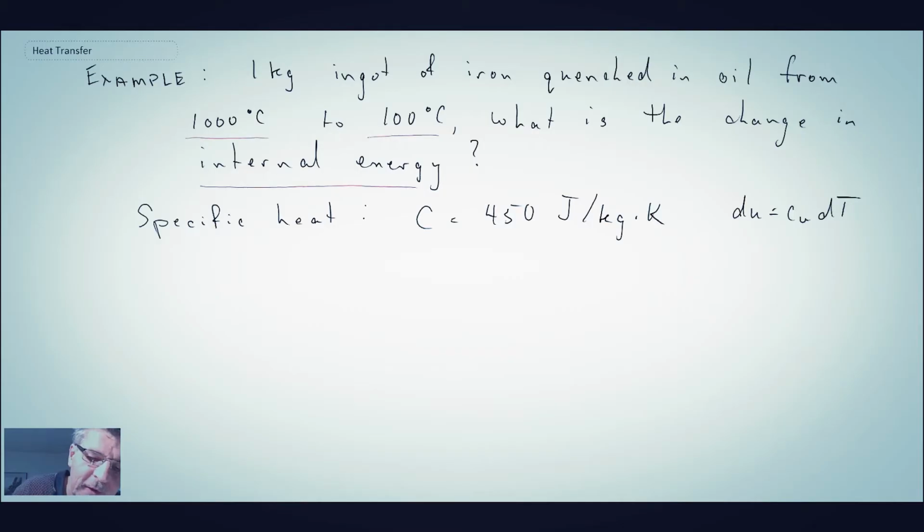Now we're dealing with a solid, and consequently CV equals Cp. And so we don't really have to worry about that. But we then go in and we evaluate the change in internal energy, and we can plug in the values.